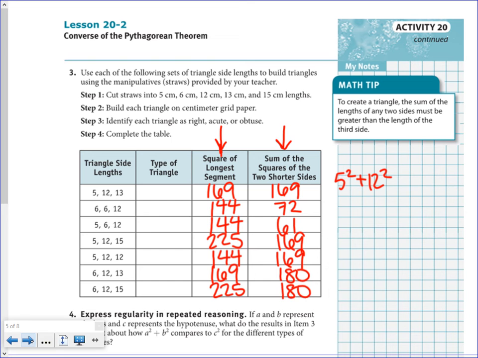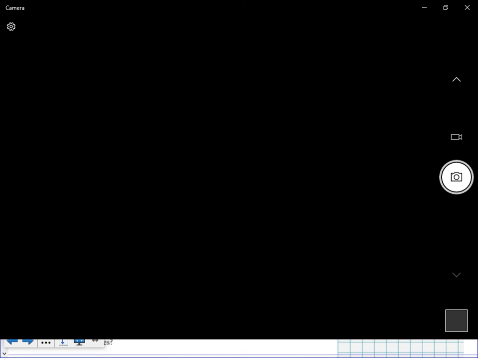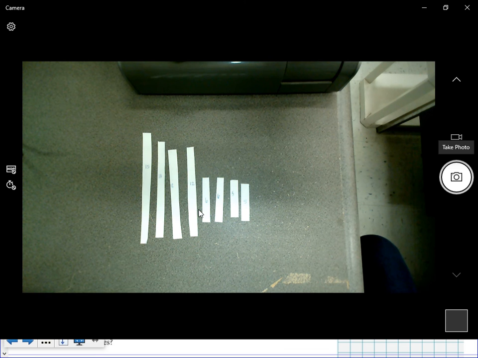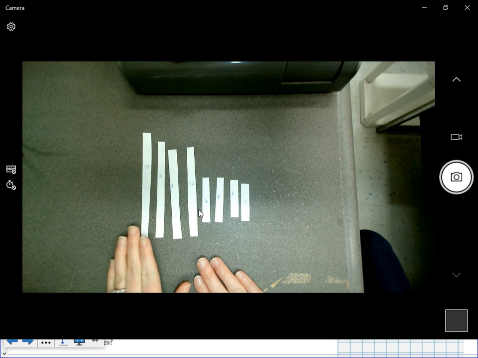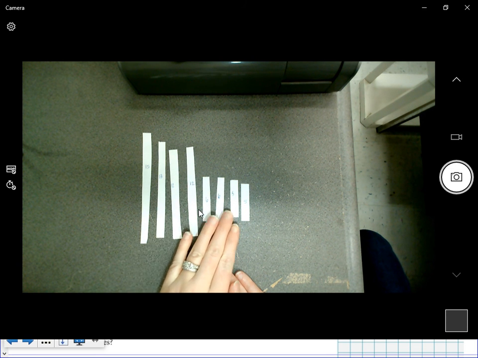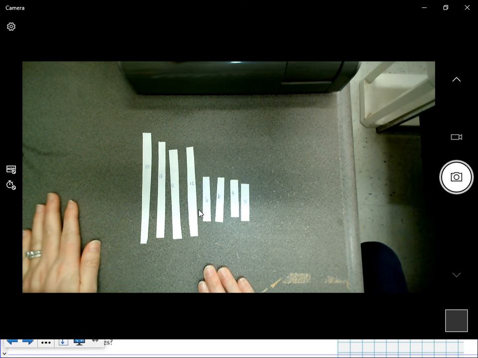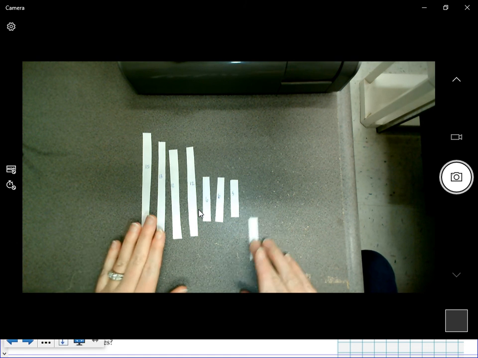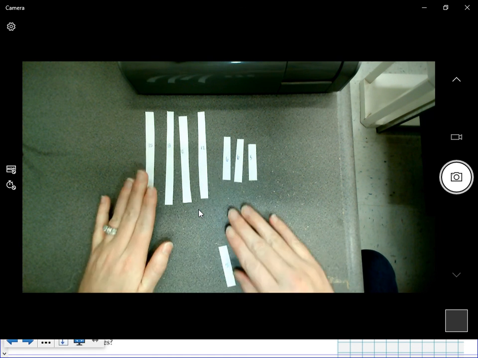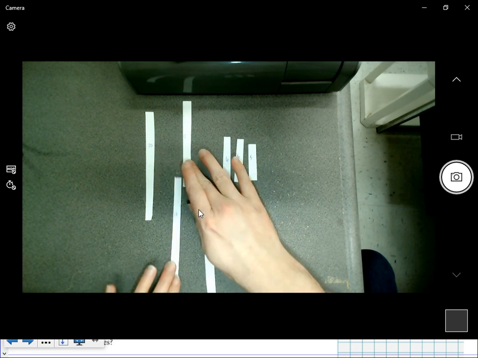And so now we're going to go over the type of triangle column. So here are my side lengths. I've got 15, 13, 12, 12, 6, 6, 5, and 5. And so we are going to make a triangle. The first one is using the 5, the 12, and the 13.